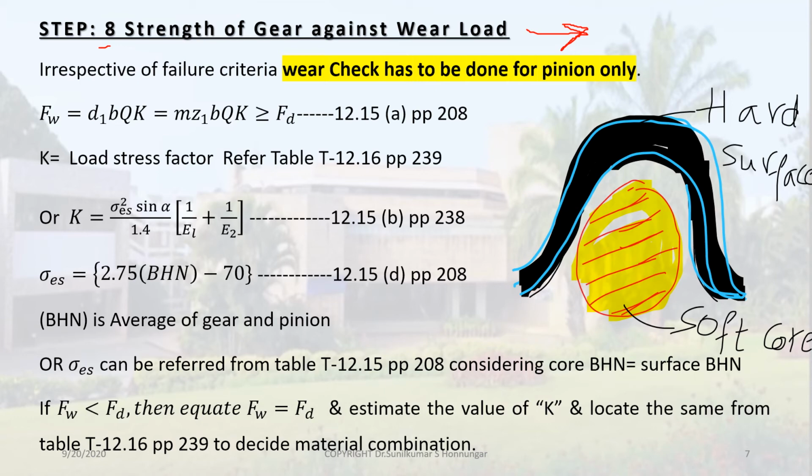pinion only. Why pinion? The pinion is smaller in diameter, so the RPM of the pinion compared to the RPM of the gear will be more. Why is it more? Because it makes more revolutions in a particular time period.